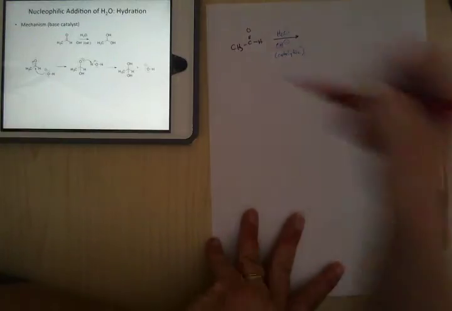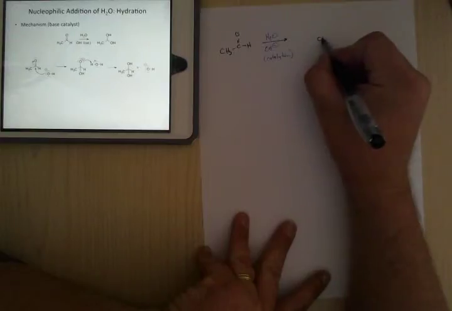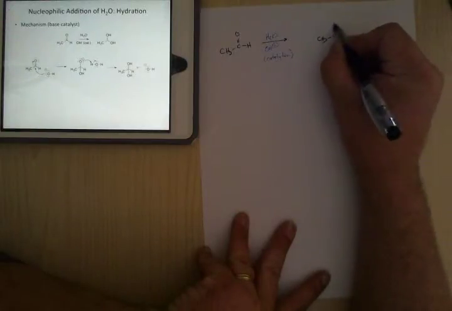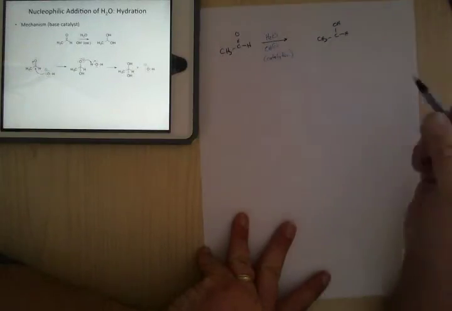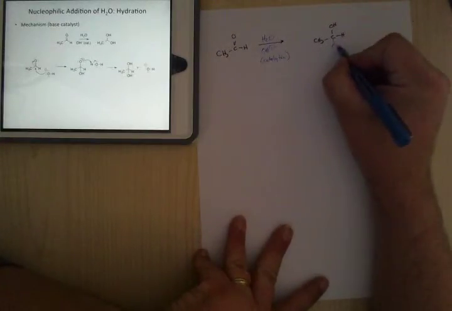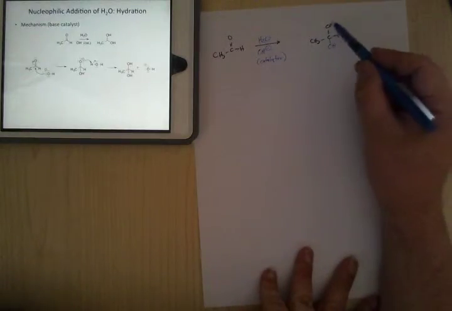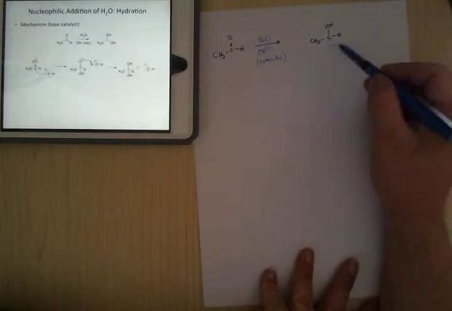But again, remember, we're going to end up making this, with the OH down here, right? So by that, we're going to make an alcohol. This is an OH plus what attacked it.